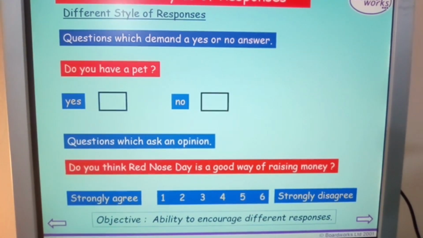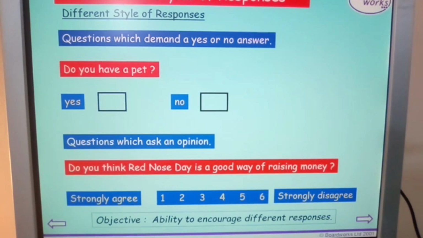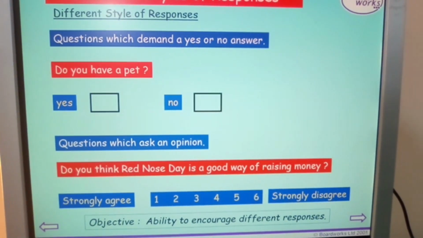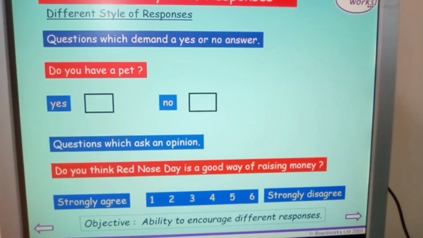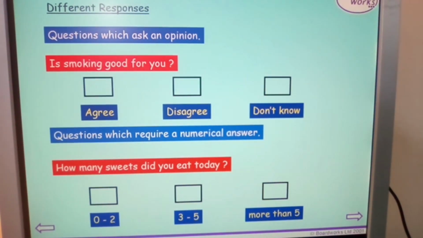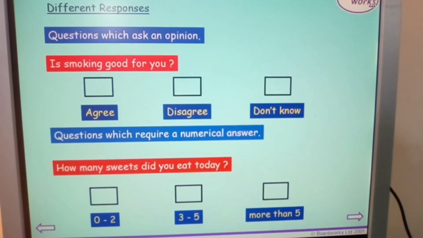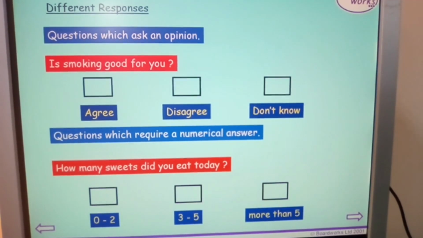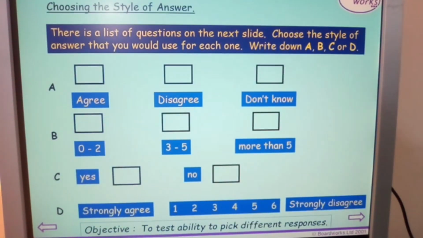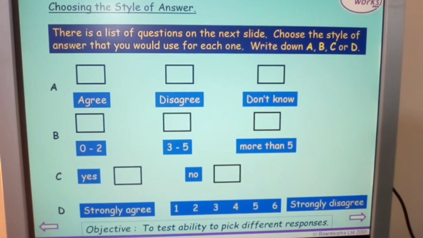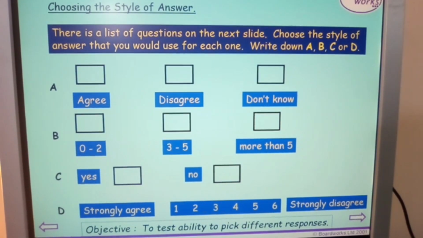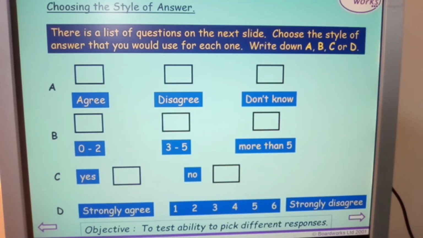Do you think Red Nose Day is a good way of raising money, etc.? Choosing the style of answers. There is a list of questions on the next slide. Choose the style of answer that you would use for each one. Write down A, B, C, or X, or D, etc.